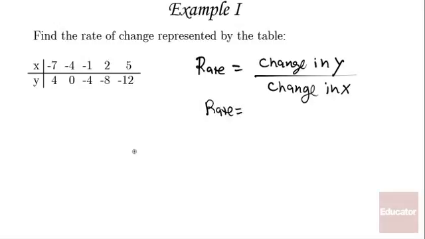So what I need to do is take two sets of values, and figure out what the rate of change is. And I'm going to take my y2 minus y1 over x2 minus x1.